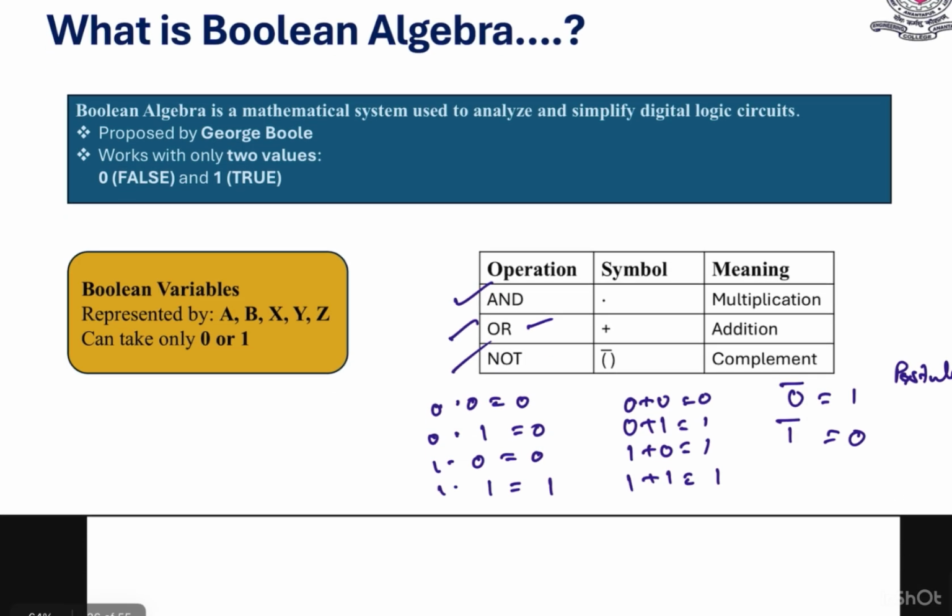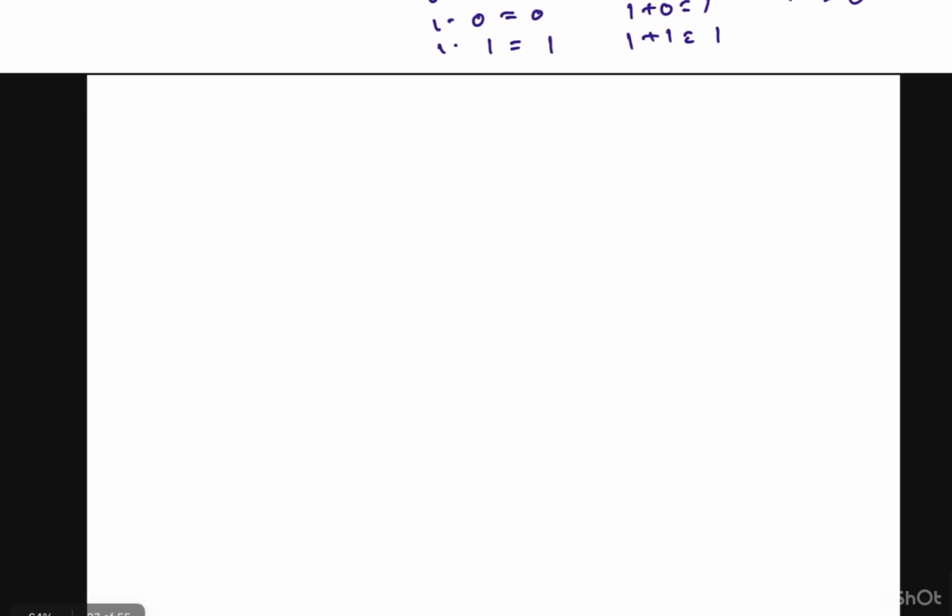And also there are certain laws in Boolean algebra. Those laws are similar to those of mathematics. Complementation law: 0 bar is 1 and 1 bar is 0.